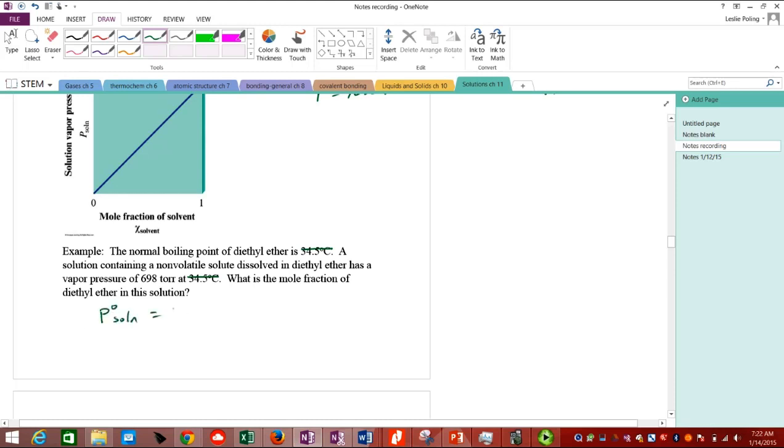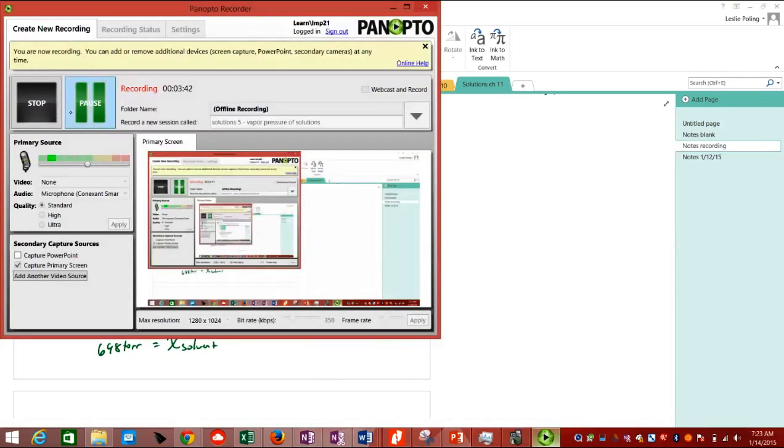So we have this. 698 torr is this. Mole fraction is our unknown. And the pressure of a pure solvent, we need to look up in a chart.